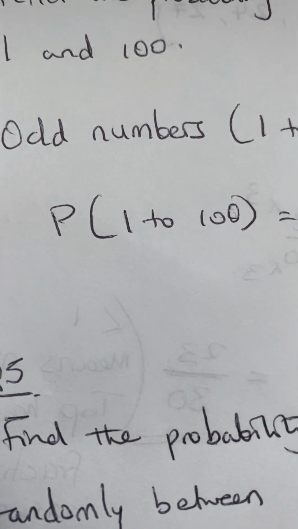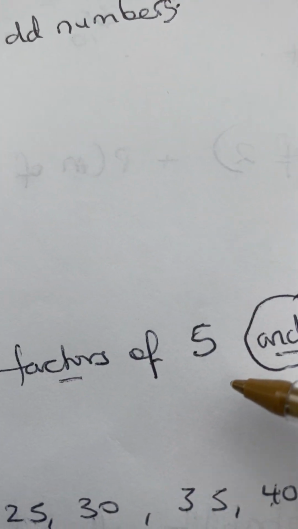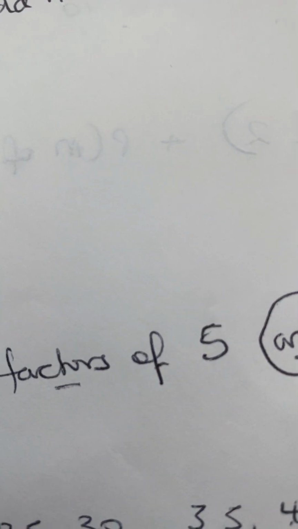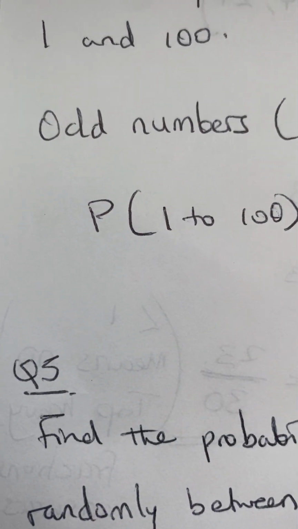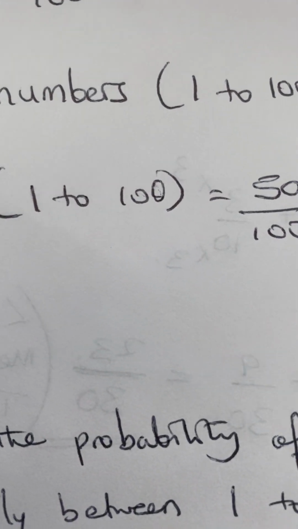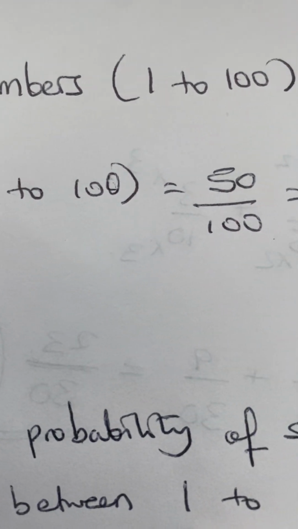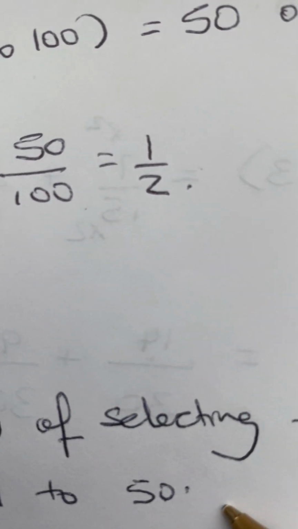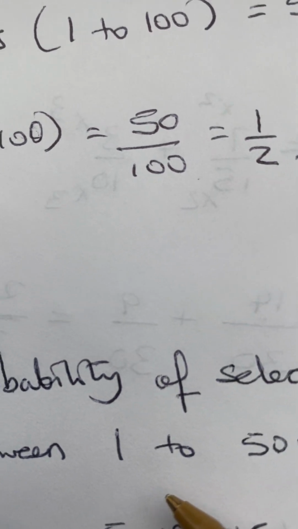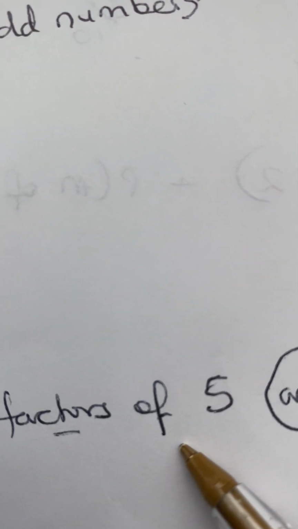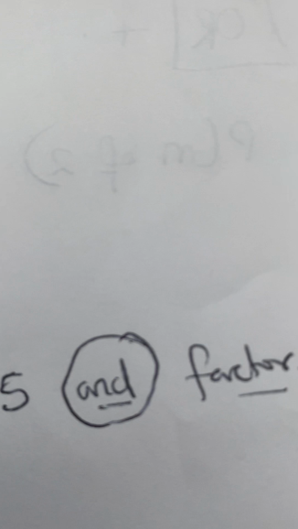Find the probability of selecting factors of 5 or factors of 7 randomly between 1 and 50. So here again, between 1 and 50, we need to look for factors of 5 and factors of 7.